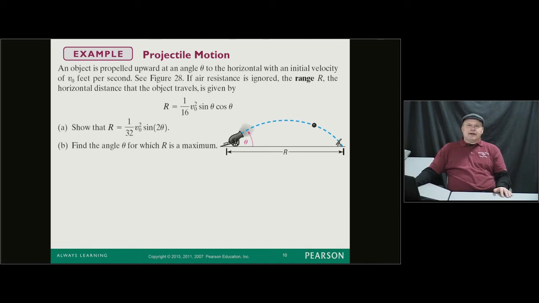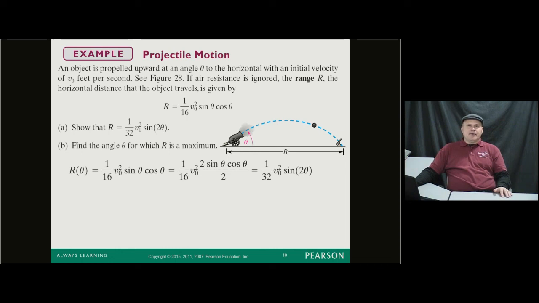All righty, let's do part A first. So if you remember, r of theta is 1/16 v sub 0 squared times the sine of theta times the cosine of theta. But if you put a 2 in and divide by 2 immediately, you do not change the problem. Why would you want to do that?